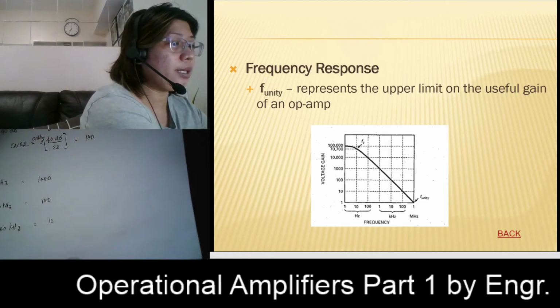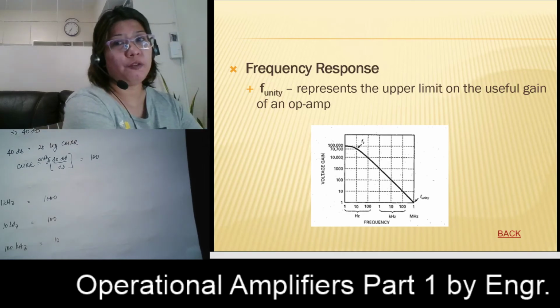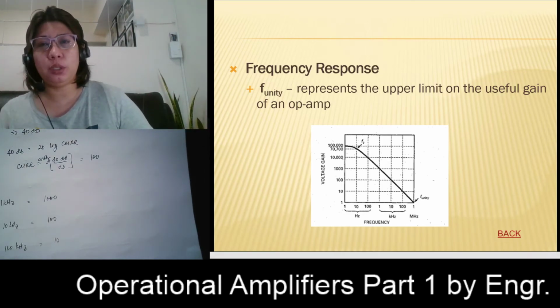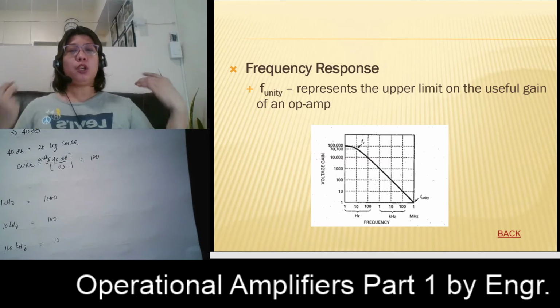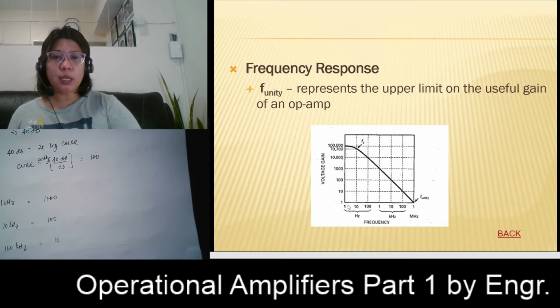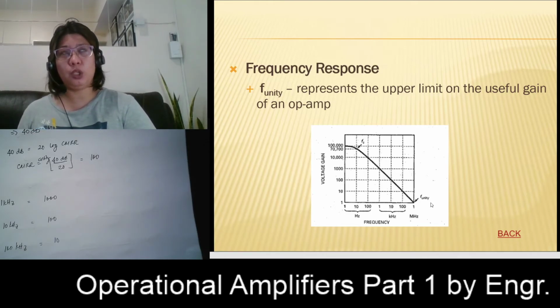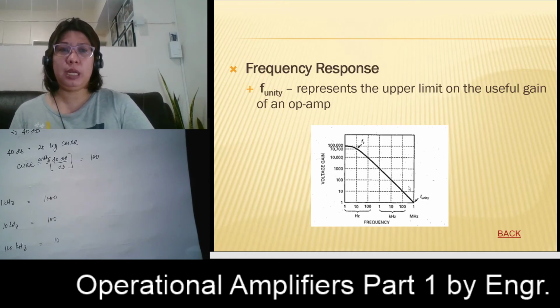Again, as I've mentioned, it is a trade-off between the voltage gain and the frequency. As you can see, as your frequency increases, your voltage gain decreases, so they have an inverse relationship.